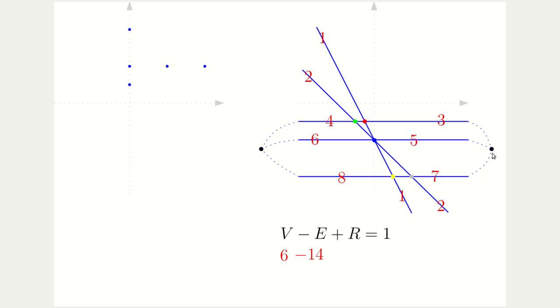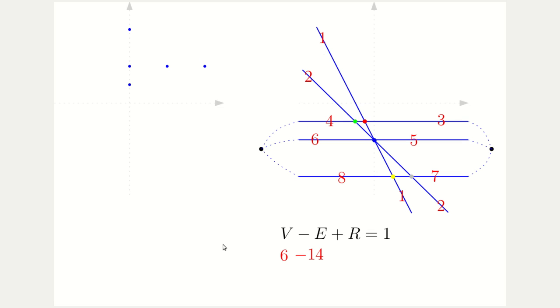The other edge continues from the black, which is the vertex at infinity, and ends at blue. Edges 7 and 8 are also similarly defined, and these 8 edges will be all the infinite edges that we have in this picture. In addition to these 8 infinite edges, we have 6 finite edges in 2 triangles, 1, 2, 3, 1, 2, 3. And that will raise the total number of edges to 14.